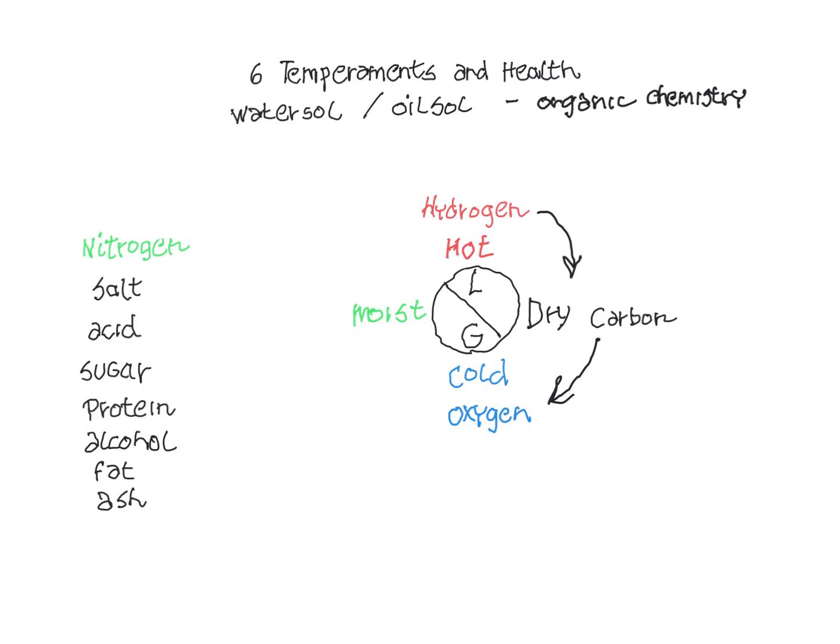So now the one that's left here, we can take nitrogen, we'll put nitrogen in the moist pole. Well, what does nitrogen have to do with moisture? Oxygen, moving towards moisture by oxidation, creates a condition where sugars are formed. We'll go there in a moment.